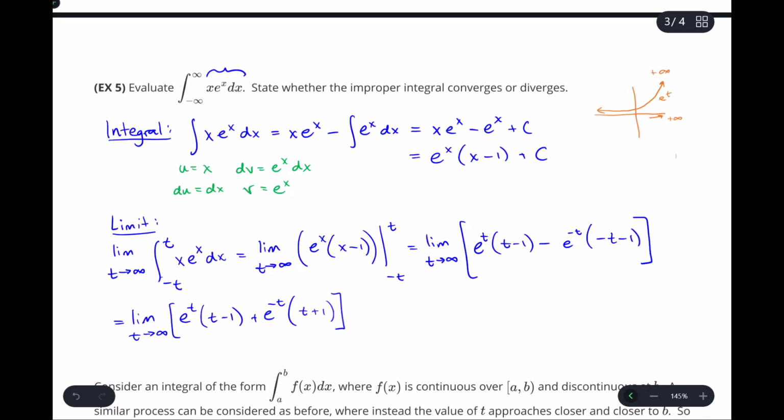So this part, as t goes to infinity, is going to infinity. And then t minus 1, as t goes to infinity, is also going to infinity. So we have infinity times infinity. Then, as we let t go to negative infinity, e to the t is going to 0. So this becomes 0 here, and then this would stay infinity.